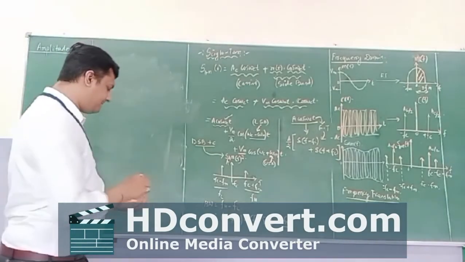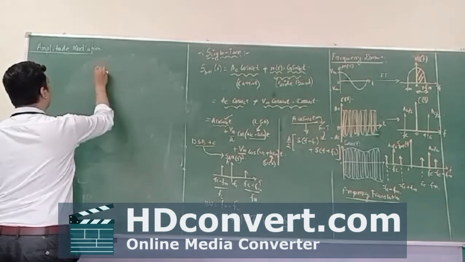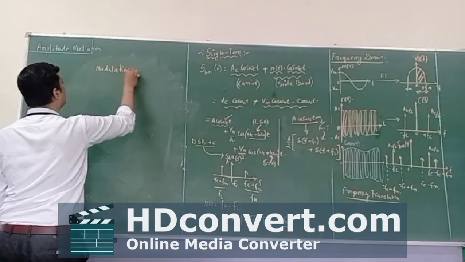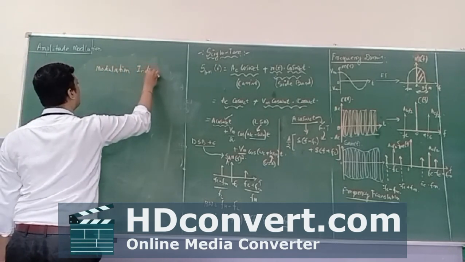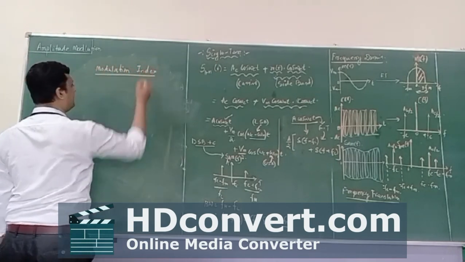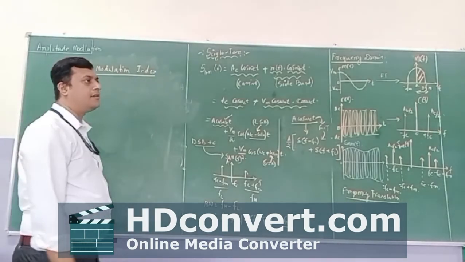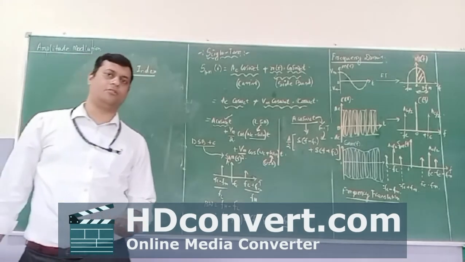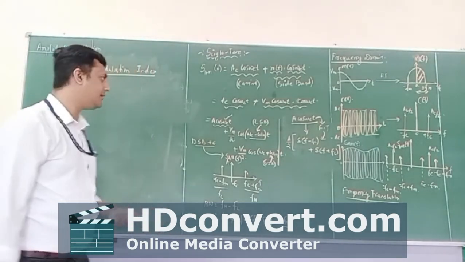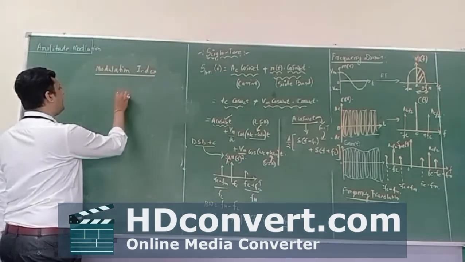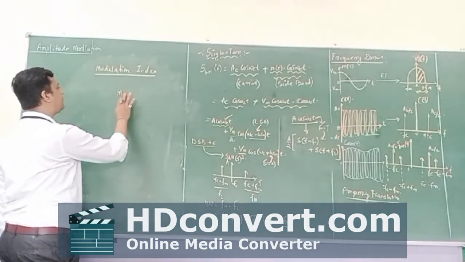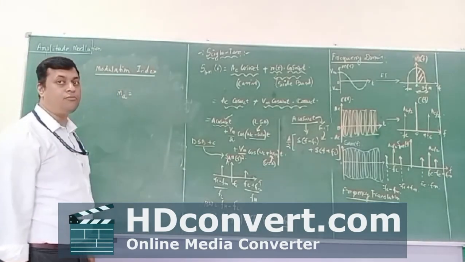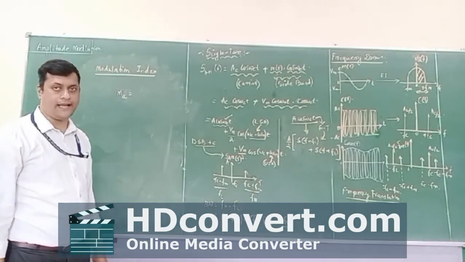Now see, modulation index. We can represent the whole equation for single tone in terms of modulation index, as well as for multi-tone. The modulation index for amplitude modulation we can write as M suffix A. In some books it is written as K suffix A. It is the same.